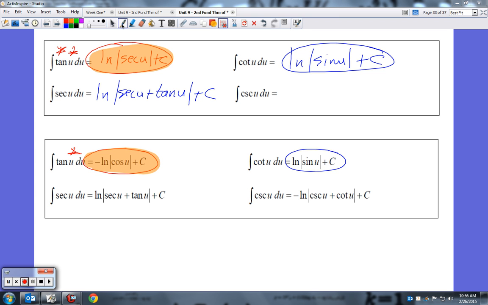And then what was the one that we figured out with this one right here? It was a positive cosecant of u minus cotangent of u. This right here, it's a weird form the way this one works. There's a lot of getting common denominators. There's a lot more algebra. This is not just a simple, oh, it's just the flip, it's just the reciprocal, because it's not a monomial.